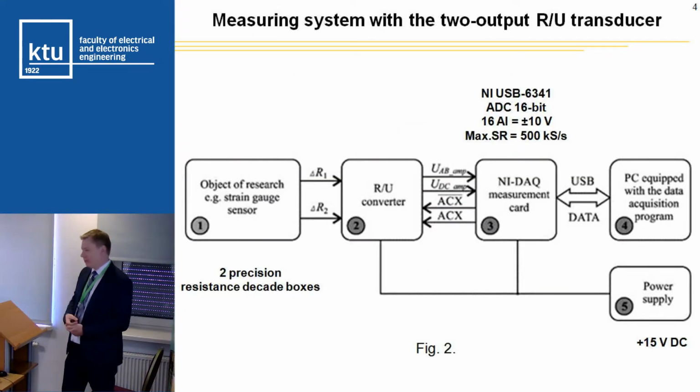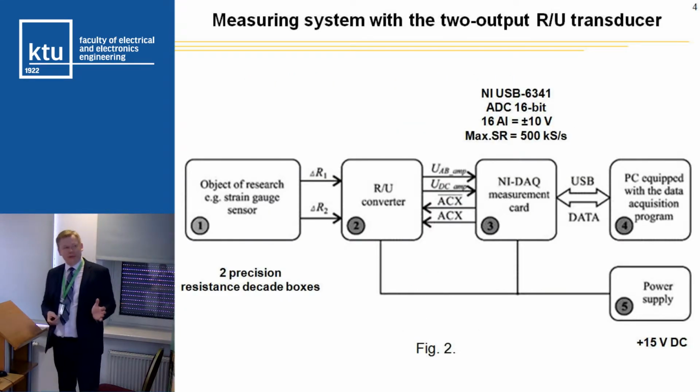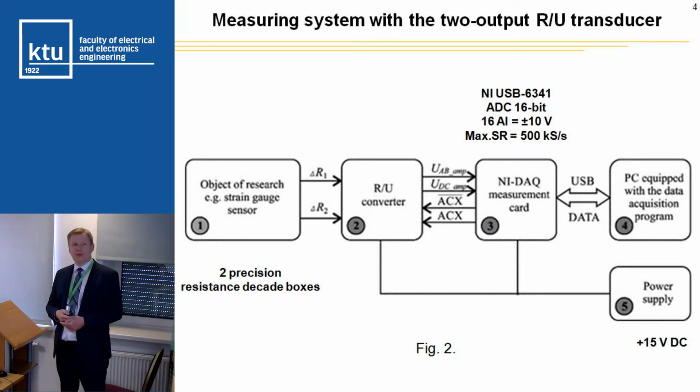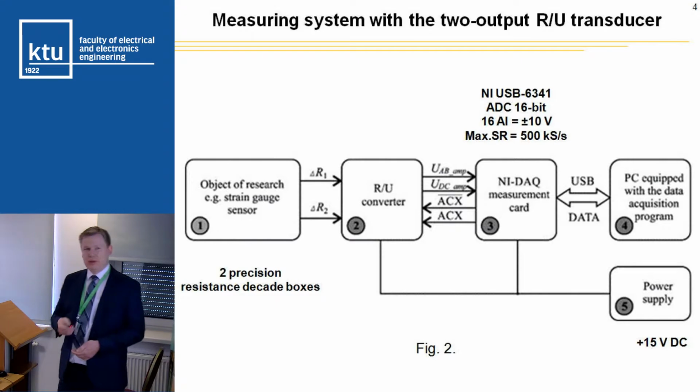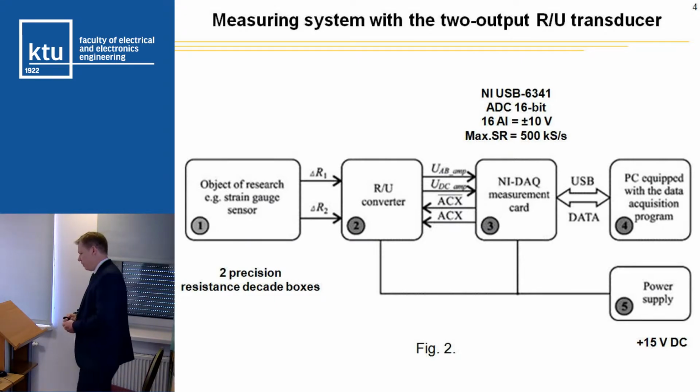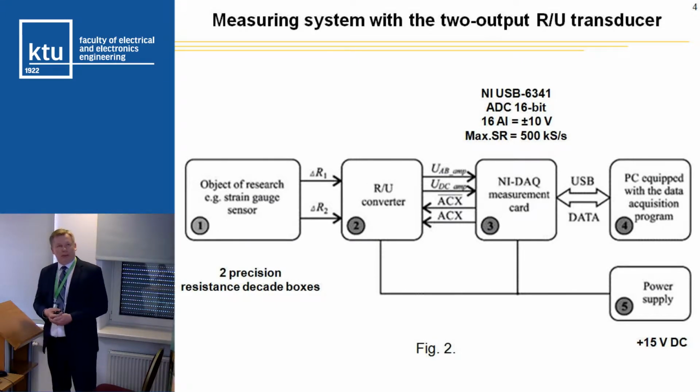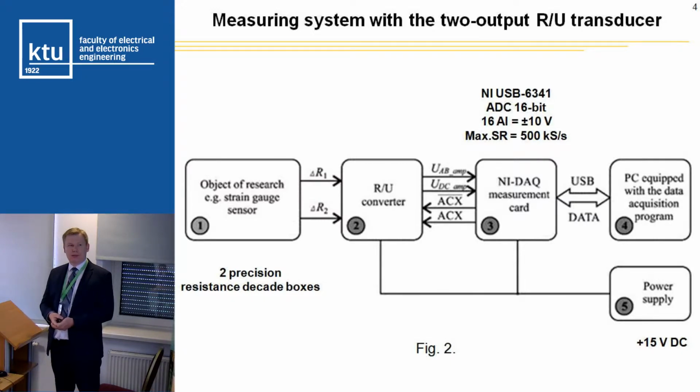The idea is to convert the changes of resistance into analog voltage and then into digital form with the use of a National Instruments measurement card with parameters like this.